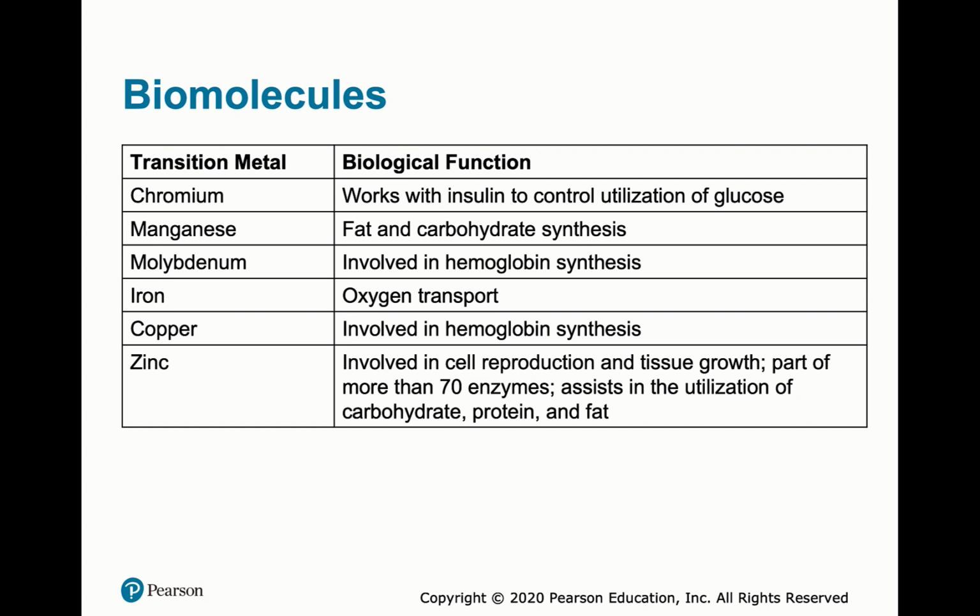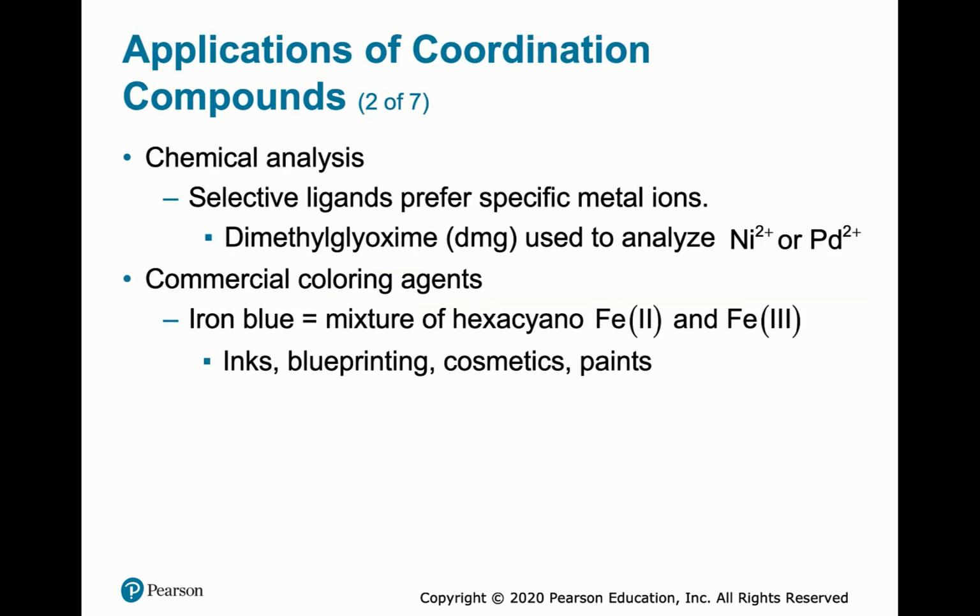Other things, biomolecules. Our bodies use chromium, manganese, molybdenum for various things. Iron, of course, for oxygen transport. We use it quite a bit for hemoglobin, and copper as well. So you can see here where it's used in various things.